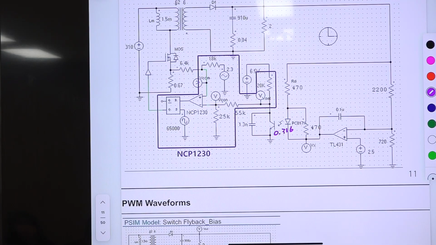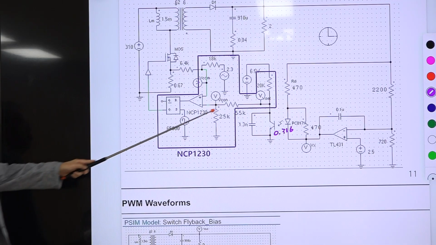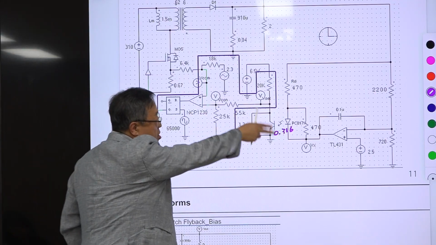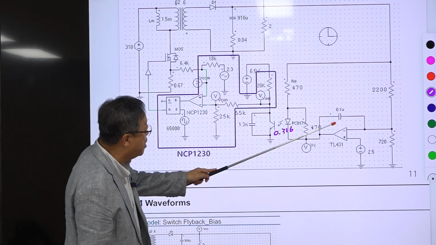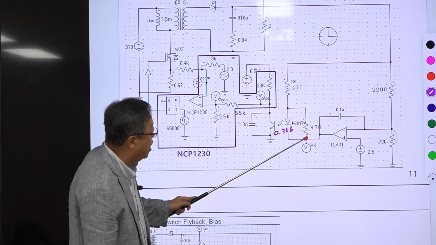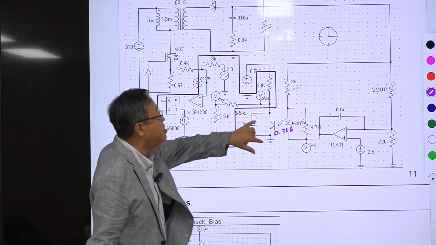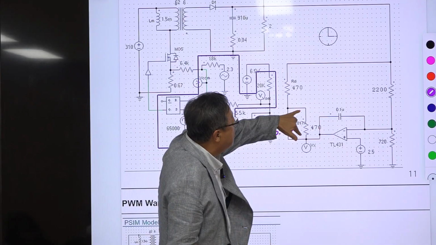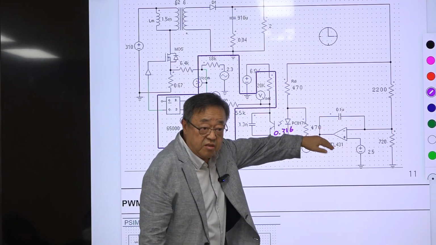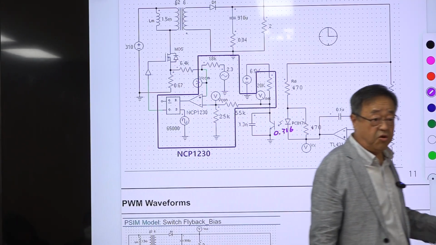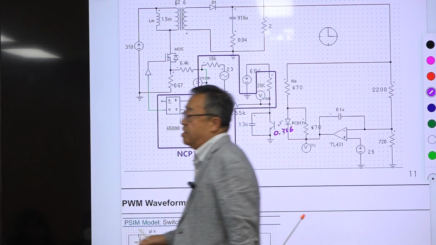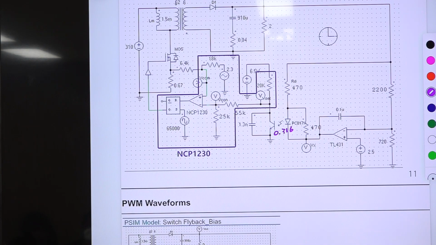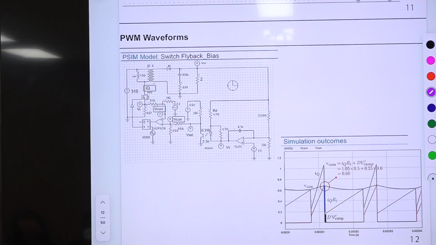So later on, we will determine this through the voltage design process. This is the final result of our design, and this is required to provide the additional current to this OTA, operational transconductance amplifier. So we'll be using this to simulate our offline converter. So this is the result.